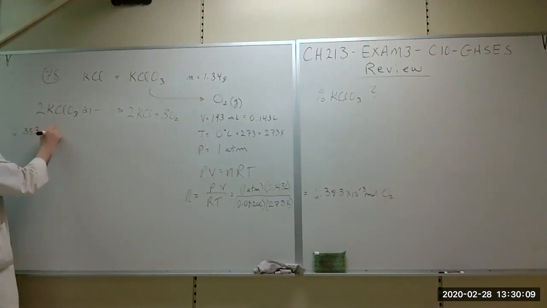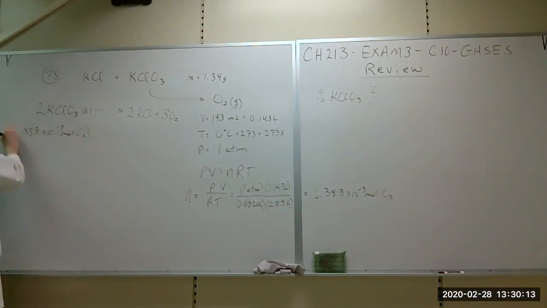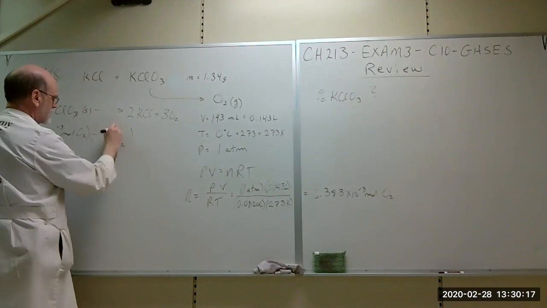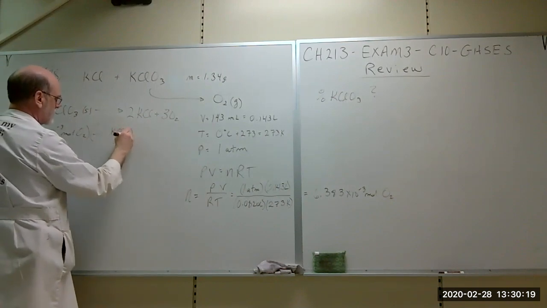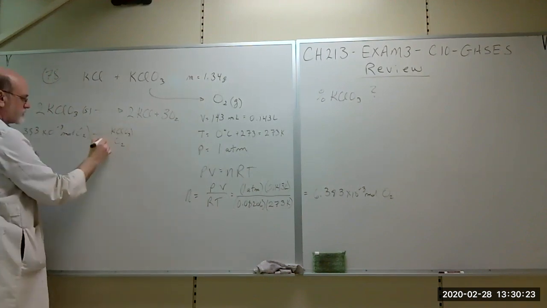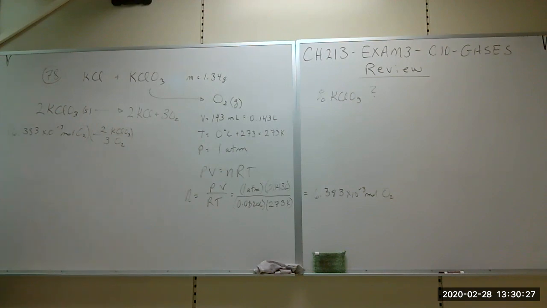6.383 times 10 to the minus 3 moles oxygen. Convert that using the ratio, which is 3 oxygens for every 2 potassium chlorates. I'm going to have to switch. Fading too much.